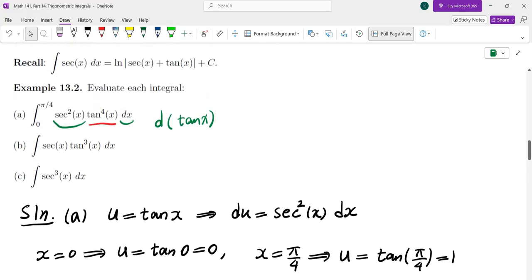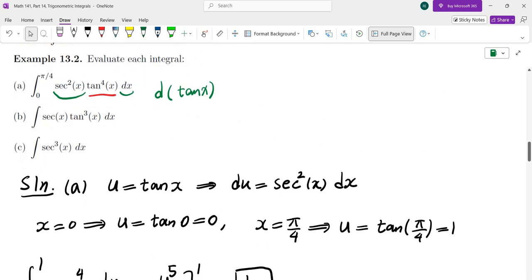Okay, let's look at the second part. The second part of this problem is the integral of secant tangent cube. So again, we want to use either a secant or tangent as the u substitution. We can break this up into secant x tan x dx, and then there's a leftover of tan squared x.